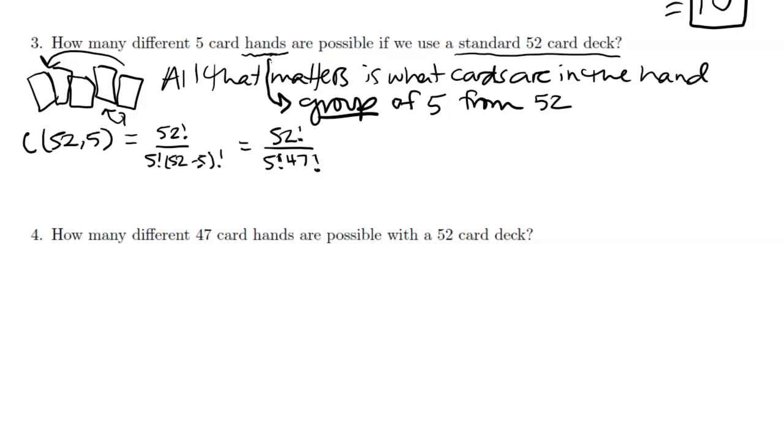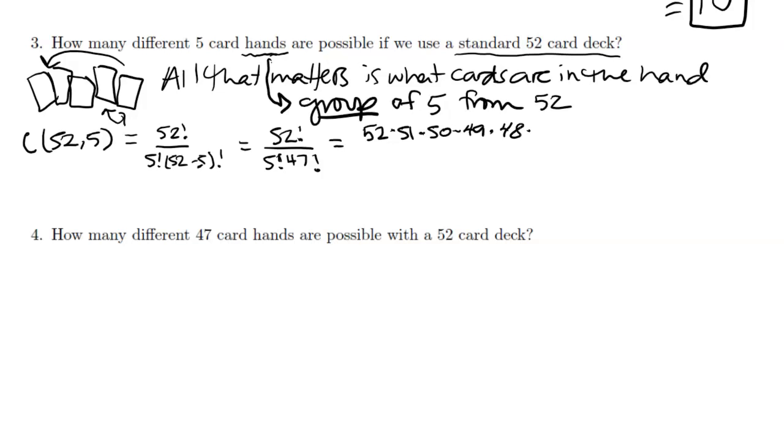Now this is a great example for where that simplification process that we've been doing with these factorials is going to be really useful, because I do not want to write out 52 factorial and 47 factorial. Those would be super long. So instead, let's start to write out 52 factorial. So we'll have 52 times 51 times 50 times 49, and we're thinking about when do I have to stop?